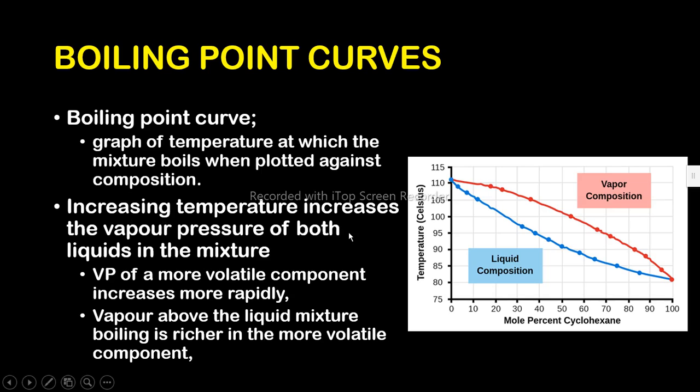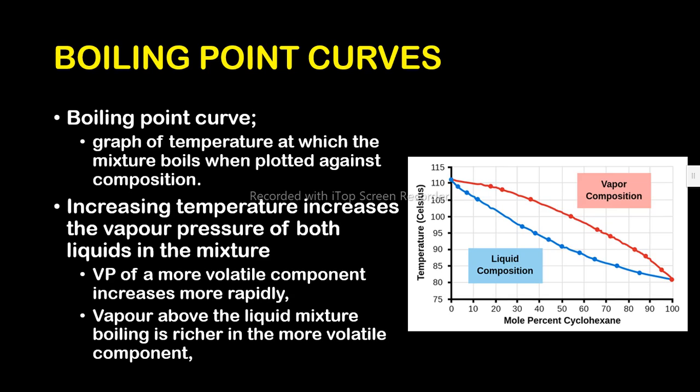So if you increase the temperature, then the vapor pressure of both liquids in the mixture increases, whereby the vapor pressure of the one which is more volatile is going to increase rapidly, so that the vapor above the liquid is high, and so it is going to become equivalent with the atmospheric pressure at lower temperature than the other one which is non-volatile.